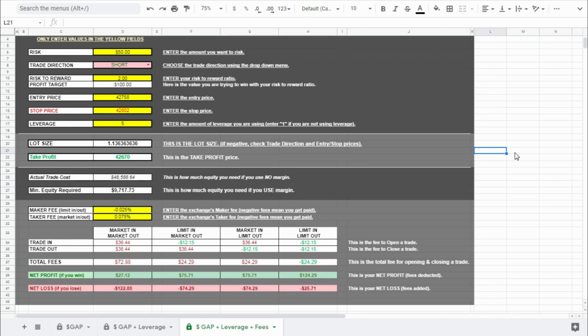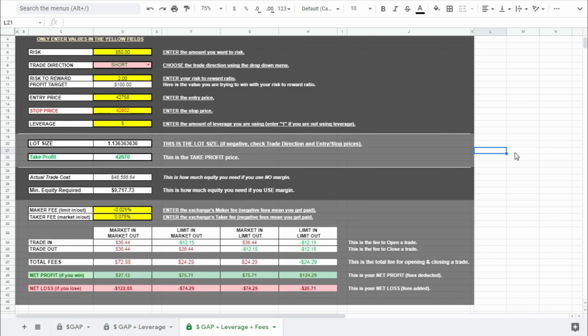I hope I was clear in showing how the spreadsheet works. I know I did go on a couple of tangents explaining different things, obviously the maker-taker, the leverage and how much you need, and how brokers try to protect themselves by cutting your trade short, to protect themselves from any spikes in price, whether it's a pump or a dump.